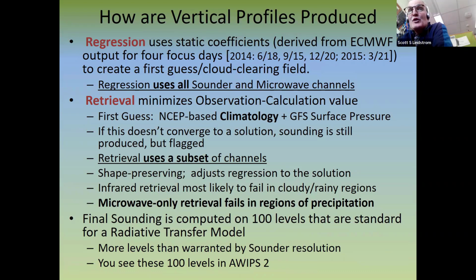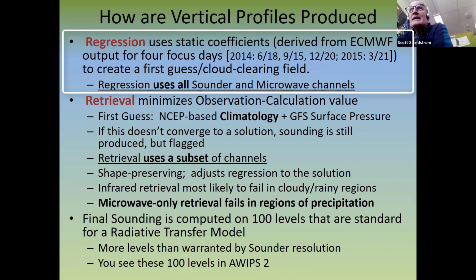How are these vertical profiles produced? It's a two-step process. First of all, there's a regression that statistically relates the information in all of the sounder channels to a description of the atmosphere. That's using coefficients that were derived from a few focus days.